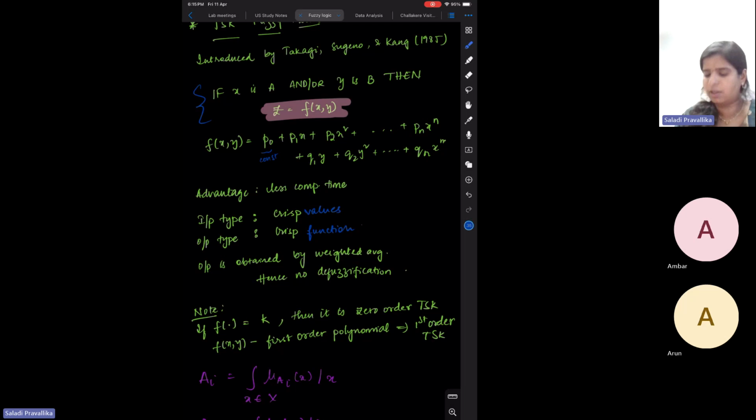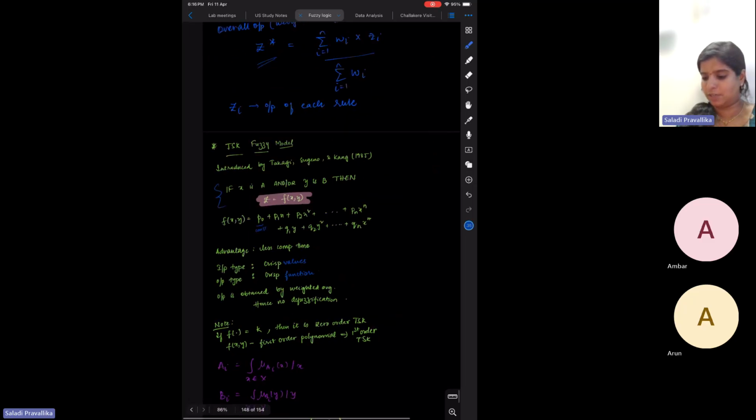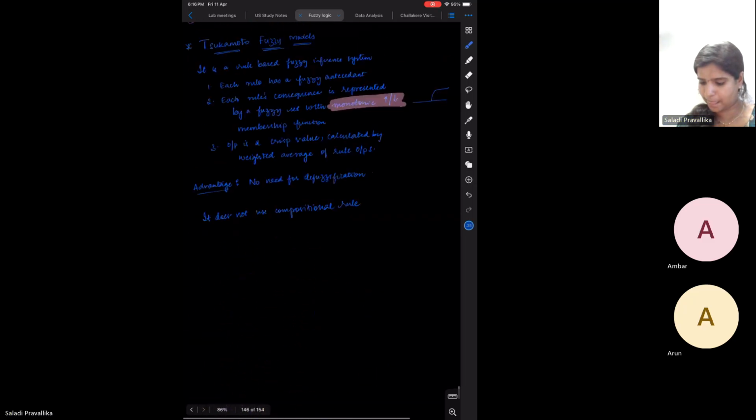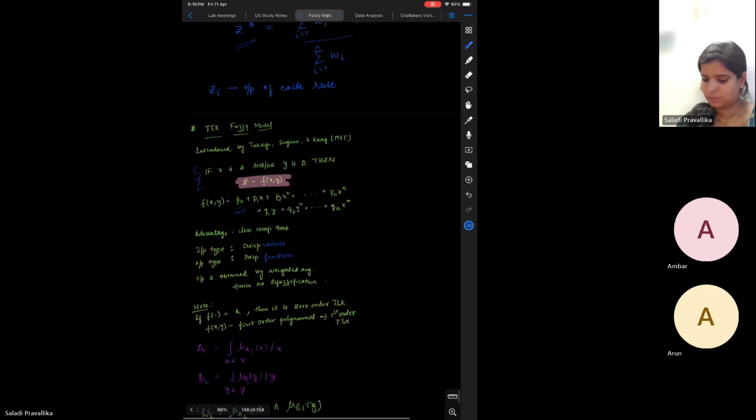I'd suggest you take all the four fuzzy models that we have discussed so far, Mamdani, Larsen, TSK, and, sorry, I forgot the last one's name, Tsukamoto.